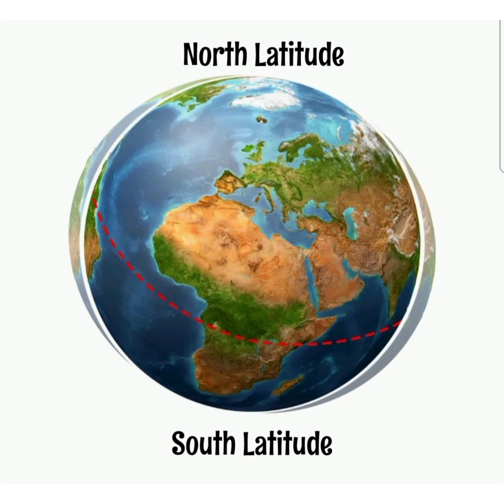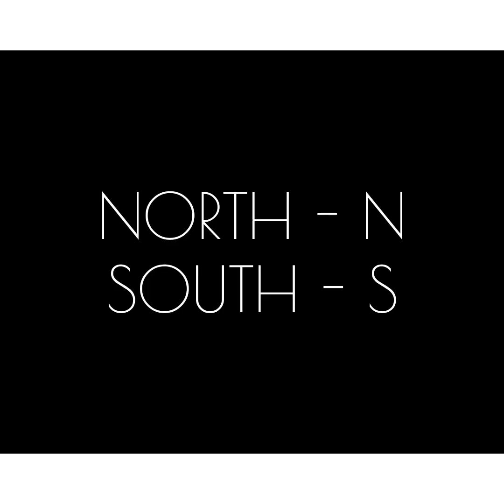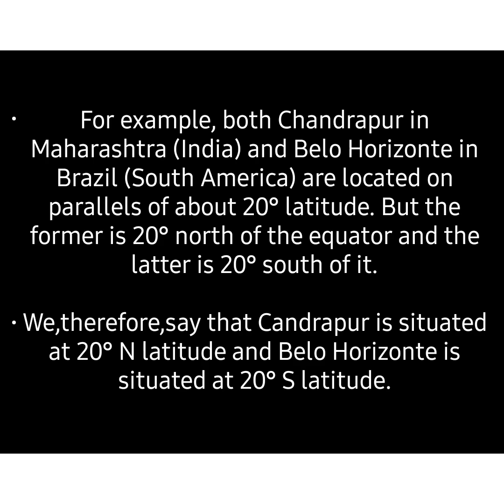And the value of each latitude is followed by the word north or south, and it is generally indicated by a letter. For north it is N, and for south it is S. Let me give you a small example: Chandrapur in Maharashtra, India, and Belo Horizonte in Brazil, South America. Both of these are located on the parallel of about 20-degree latitude.